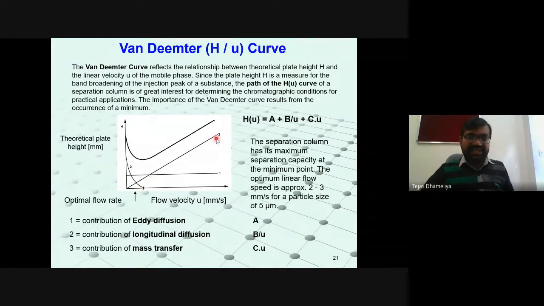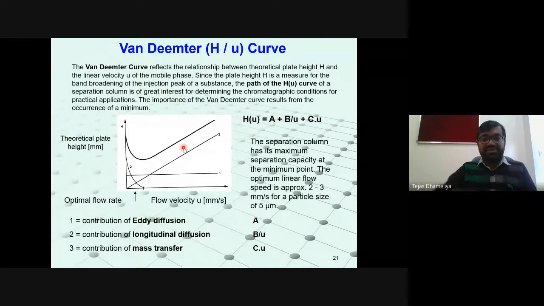As the velocity increases, height equivalent to theoretical plate also increases. Okay, so this is a curve which was given by a scientist, so from his name, this is termed the van Deemter curve. And this way, it explains the relationship between the velocity of flow and the height equivalent to theoretical plate.